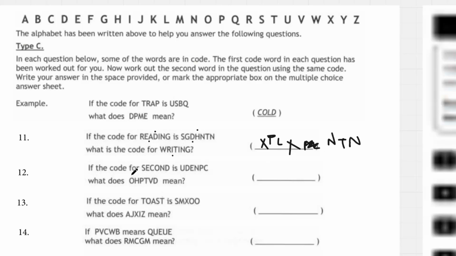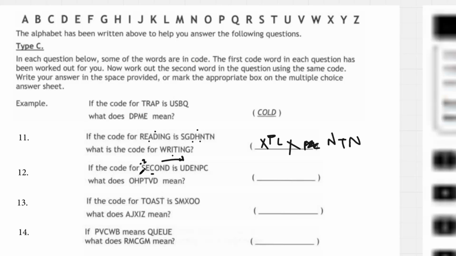And then question 12. Do we have any letters in common just to save us? No, so S to U. We're going from code to word, so let's go from code to word. U to S. That's going to be -2.